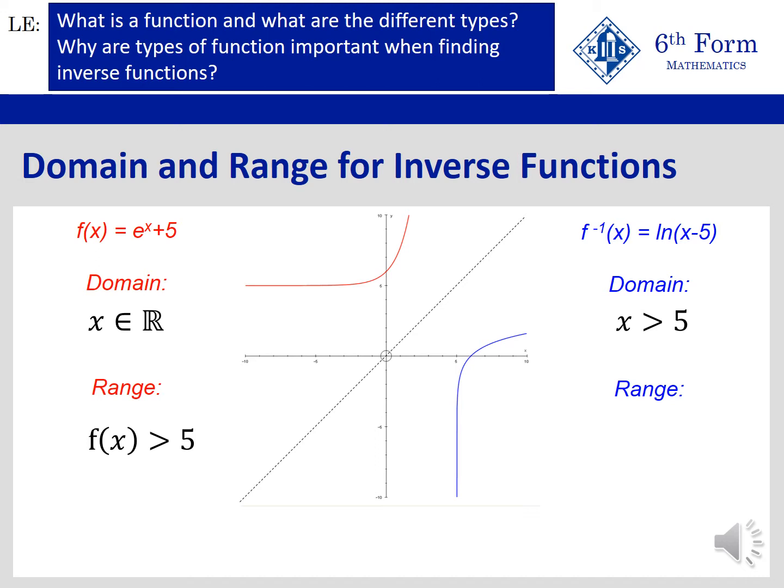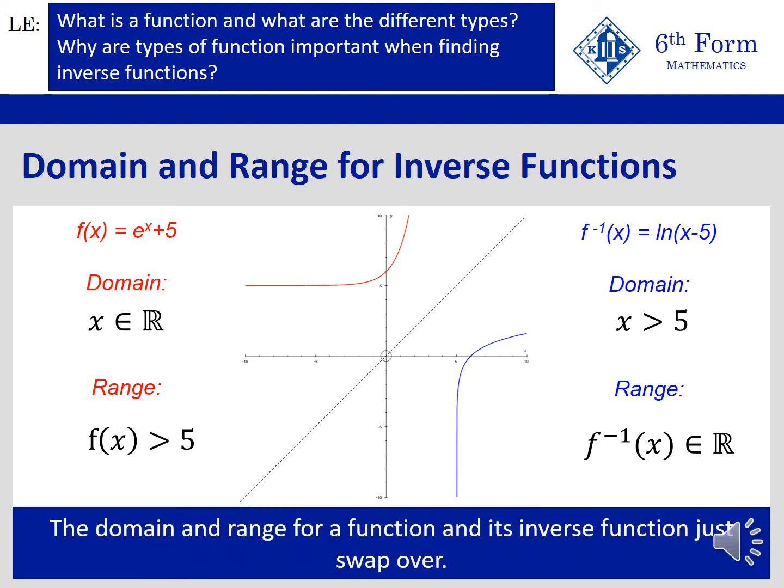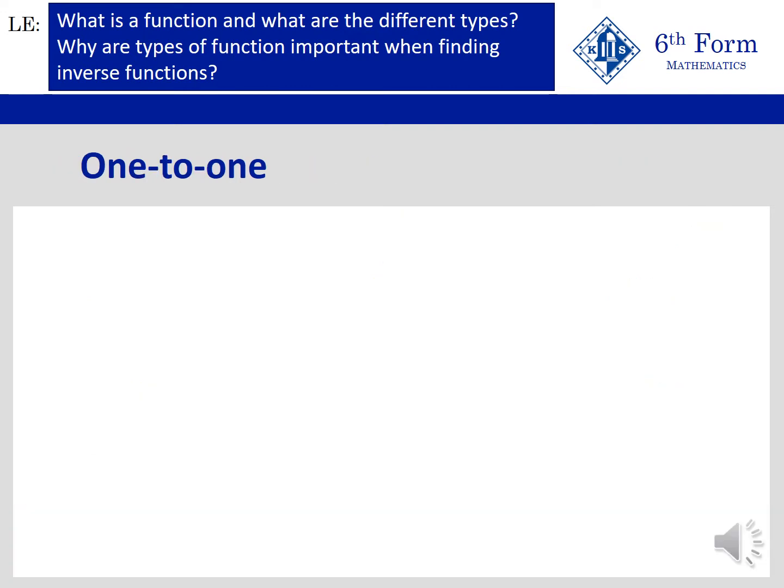The range, because the domain of the actual function could take any real value, the range of the inverse function can take any real value. So the two things have swapped over. What was for the domain is now for the range, and what was for the range is now for the domain. The two things have switched.